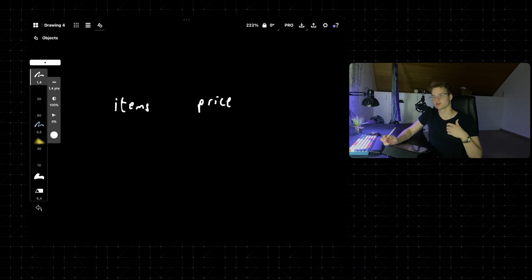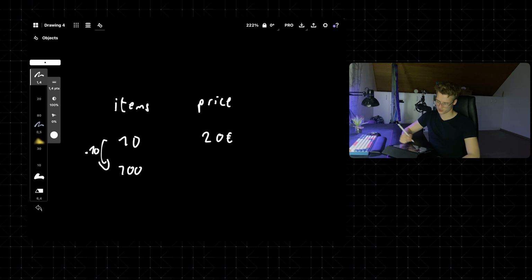So you say, okay, if I buy 10 teddy bears, so that's 10 items, then I have to pay 20 euros, okay? What if I buy 100 teddy bears? Well, how much do I need to pay then? Well, since you buy 10 times more, you're gonna have to increase this one by 10 times as well. So that's gonna be 200 euros.